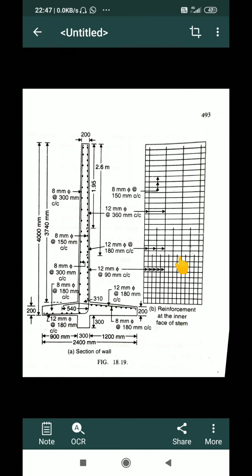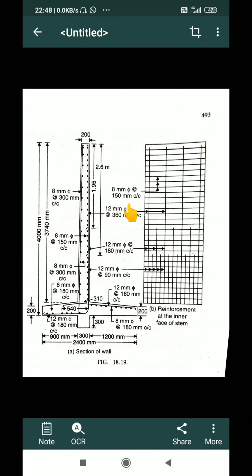Now earth pressure will be maximum at the centroid of the stem height, and that is at a distance of h by 3. So what we do is we provide main bars as well as distribution bars. You can see there are distribution bars, 8 mm dia at 150 mm.